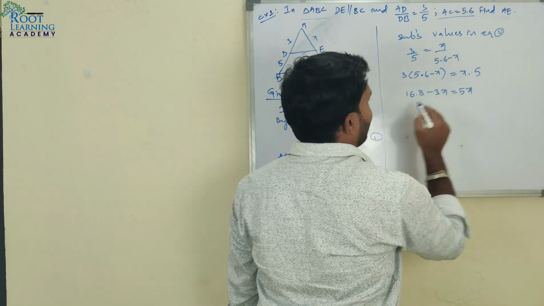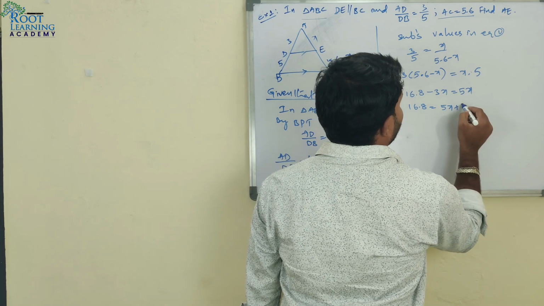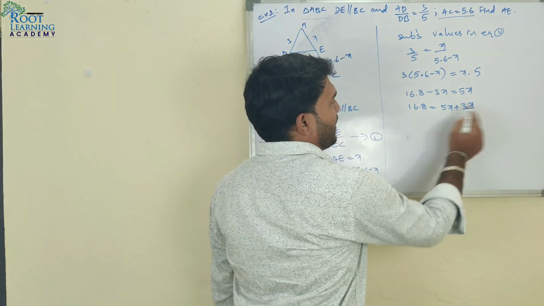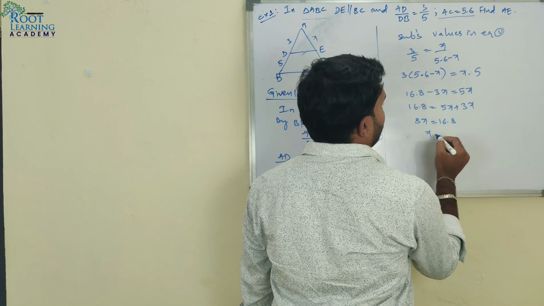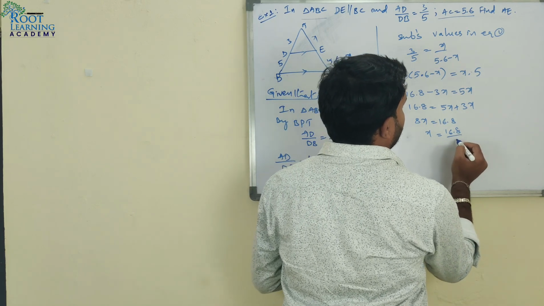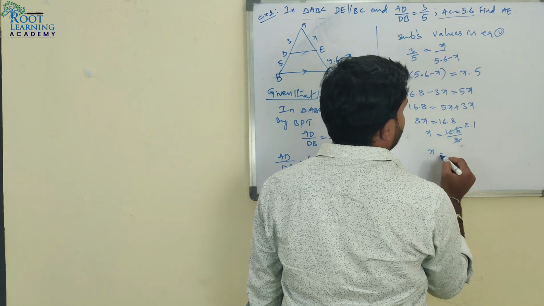I am just taking this value here. So 16.8 is equal to 5x plus 3x. So 5 plus 3, 8x, that is equal to 16.8 and x is equal to 16.8 by 8. So x is equal to 2.1.